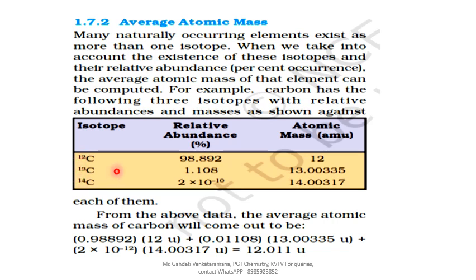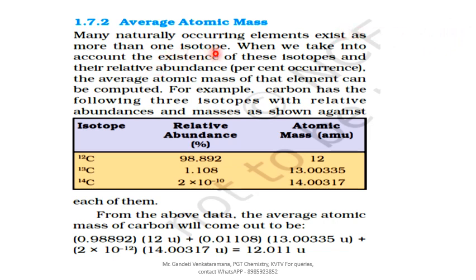So all these are isotopes of carbon. Simply, isotopes are the elements having the same atomic number but different mass numbers. Okay. So average atomic mass: many elements exist as more than one isotope.